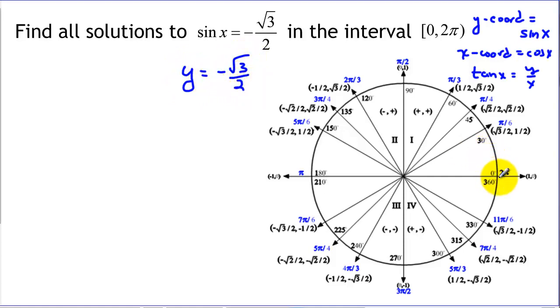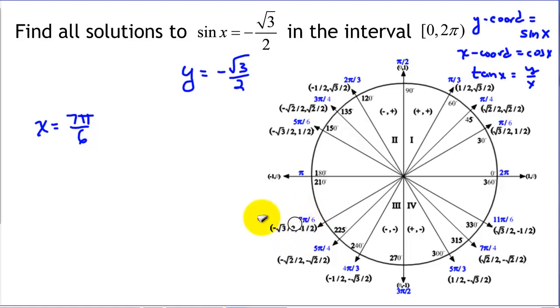So if we start here at 0, its y coordinate is 0, and we scan around till we find a negative square root of 3 over 2. Now here we have square root of 3 over 2, but it's positive, so we keep going. So that angle is 7 pi over 6, so one of our solutions is 7 pi over 6. And we keep going to see if there's another, whoops, I made a mistake here. As you can see, this is the x coordinate, so that is not one of the answers.